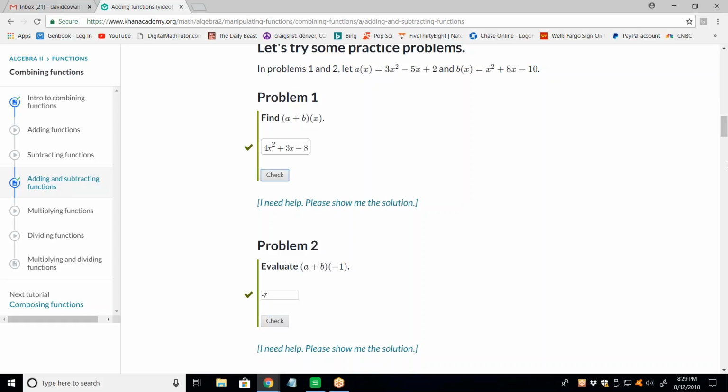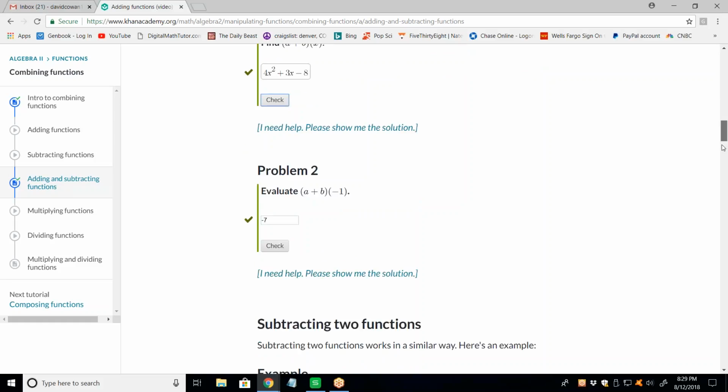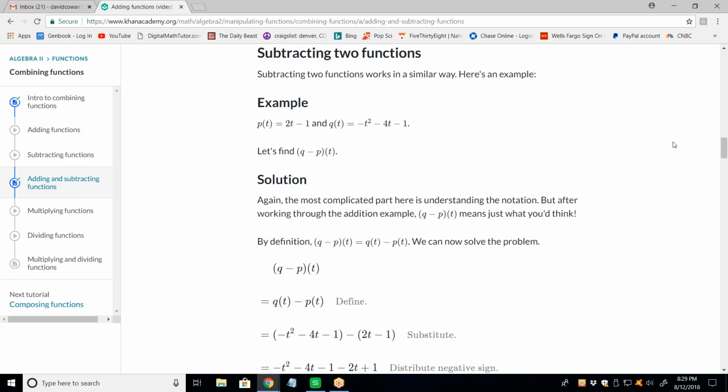I didn't check that either. Subtracting is pretty much the same as adding. The only thing is that people have a harder time subtracting than adding, especially when there are multiple terms.